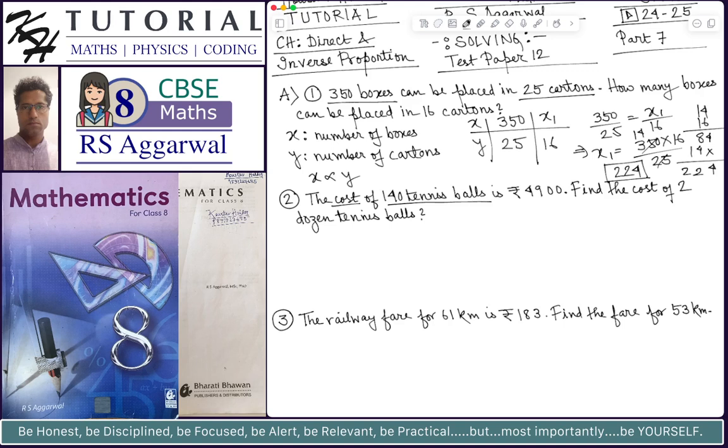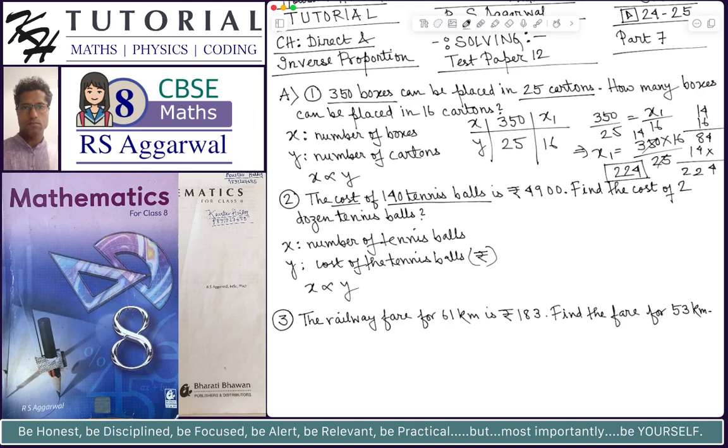So based on that, we can say that if x is the number of tennis balls and y is the total cost of the tennis balls in rupees, then definitely x will vary directly with y.